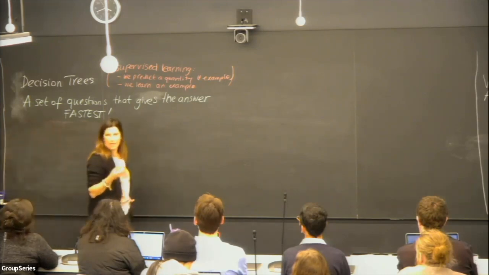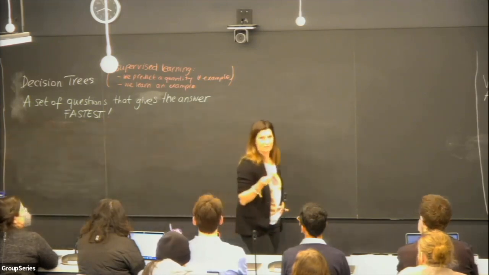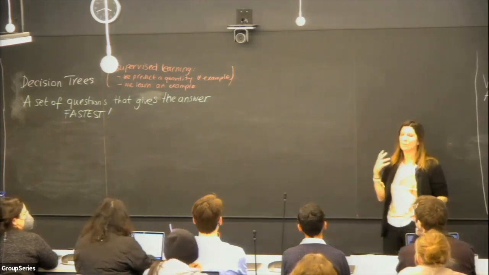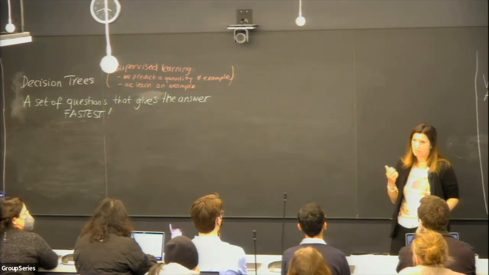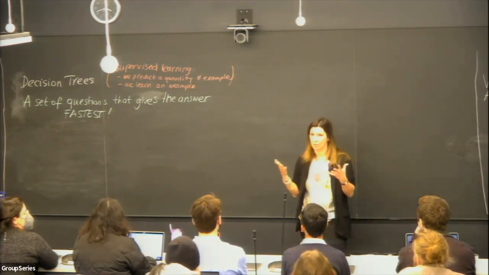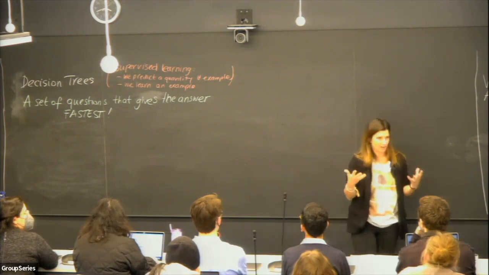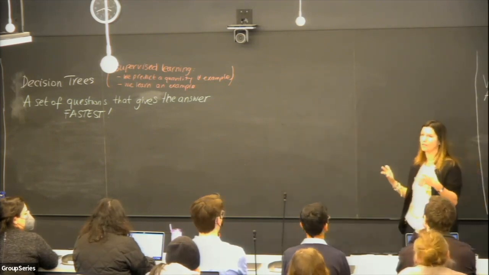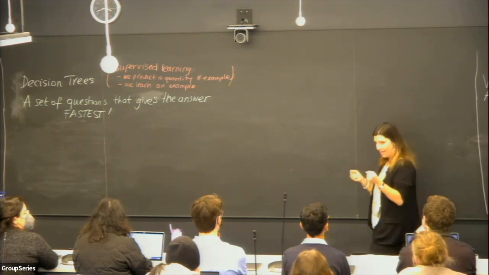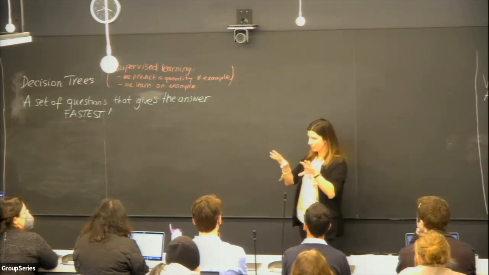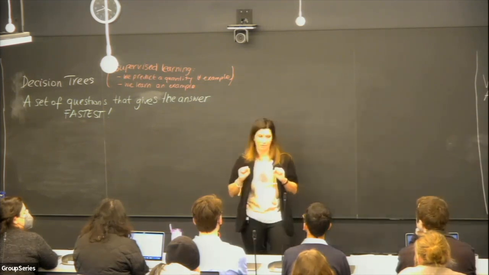Now, how does it work? How do I build a decision tree? The main idea is that, just like in Guess Who, I have to make binary splits. This is not a necessity, just a convention of how they work. I have to ask a question about the input variables, which in machine learning jargon are called features. So I can split my data in two partitions according to the value of that feature.